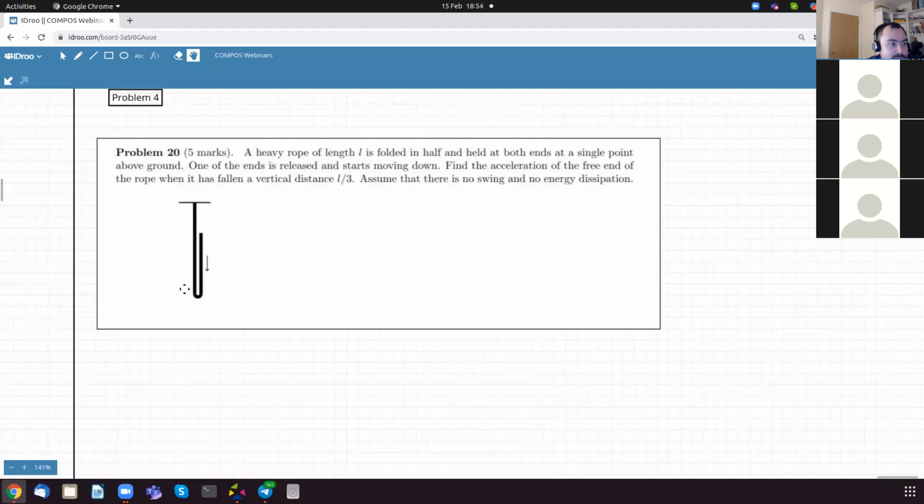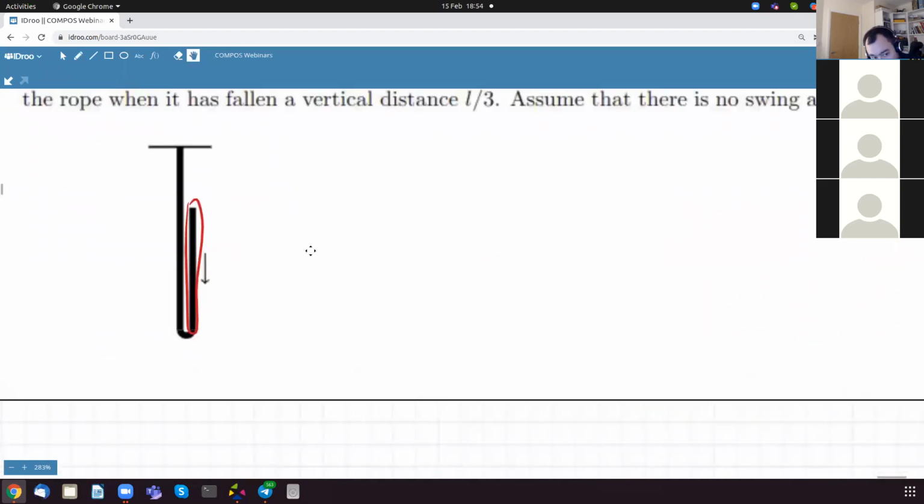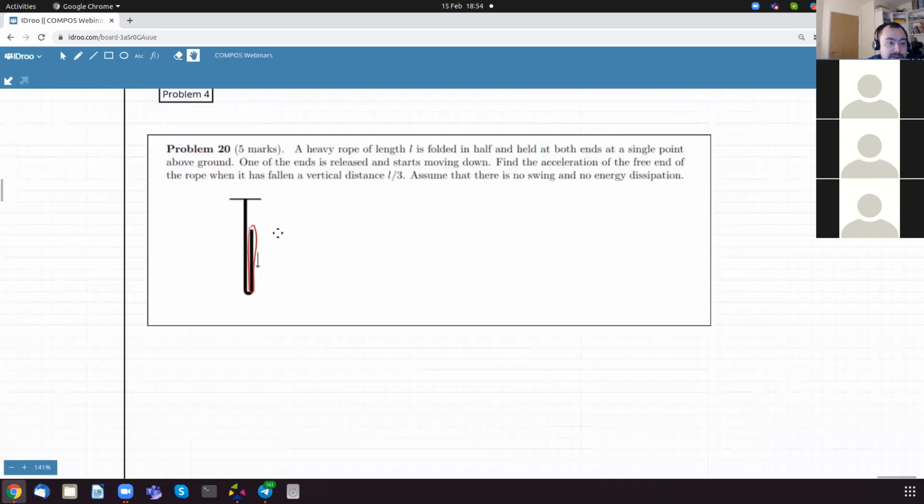So there's no friction in the rope. The rope doesn't start swinging. So all of the energy goes into the kinetic energy of this bit. Now, on the other hand, it seems like the rope is in free fall, and in free fall, it would have acceleration g.